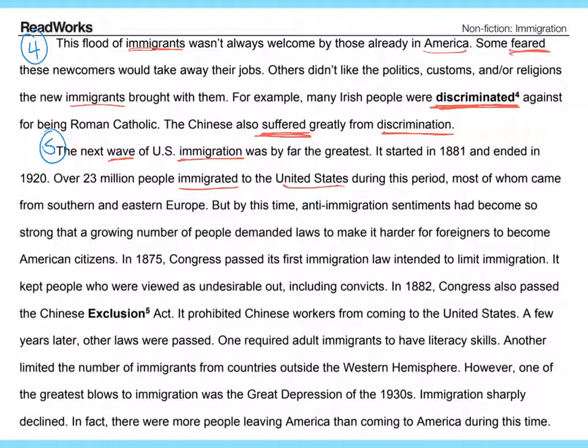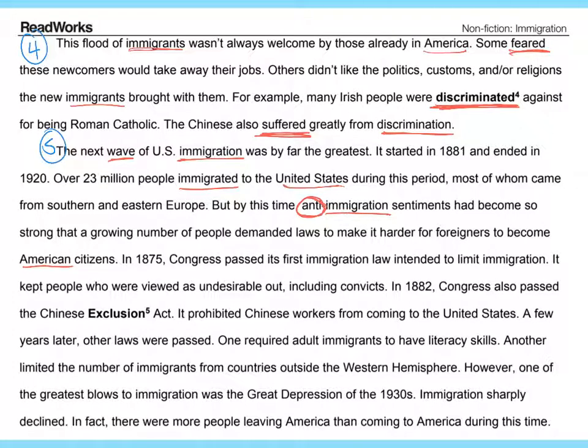Immigrated, United States. So really what we're just doing is we're training our eyes to find these words as we read. We obviously don't annotate everything we read, but by doing this for practice, we're training our brains to look for these things. I want to point out the idea of anti. It is a root meaning against, and so I think that might be related to some of the other things that we found.